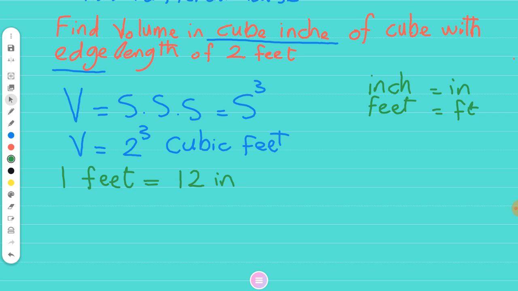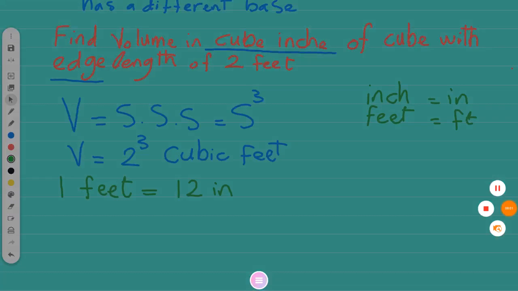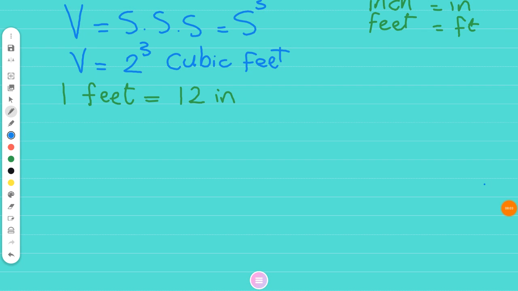So what about 1 cubic foot? 1 cubic foot actually equals 12 to the power 3 inches, because it's 12 times 12 times 12, 3 times.